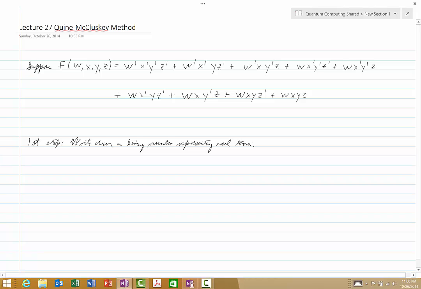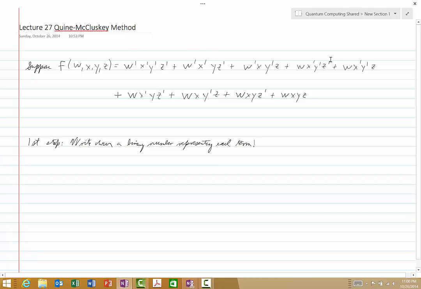Now, again, I don't want to go into too many details with this problem, because we could spend considerably more than one lecture on this. But I will point out that each one of these terms has all of the independent variables in it in either primed or unprimed form.